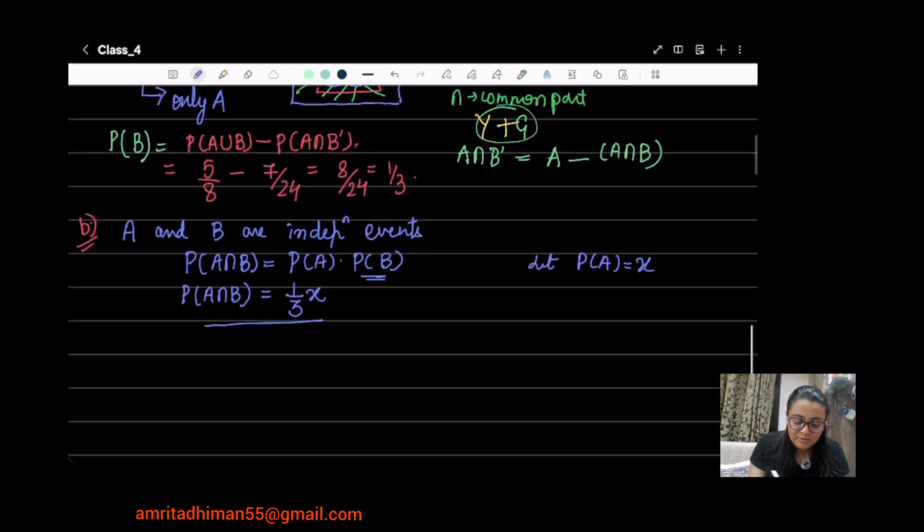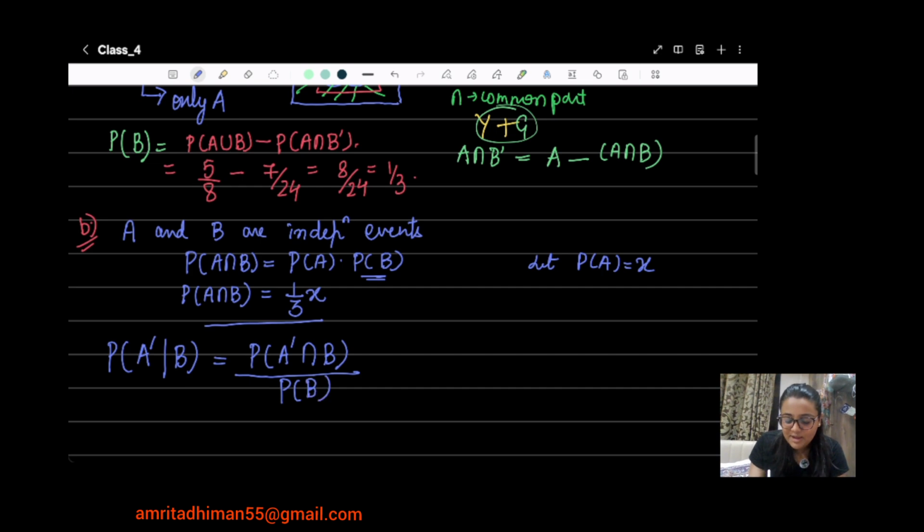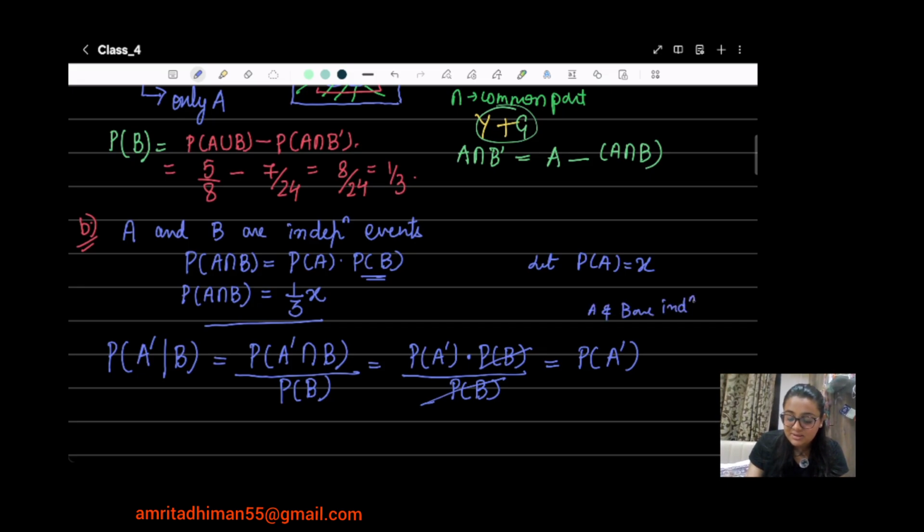What we need to calculate is probability of A complement given B. For that we need probability of A complement intersection B divided by probability of B. And we know that A and B are independent events, so we can write probability of A complement into probability of B divided by probability of B. So this will get cancelled out, and it is equal to probability of A complement, because A complement and B are also independent events.